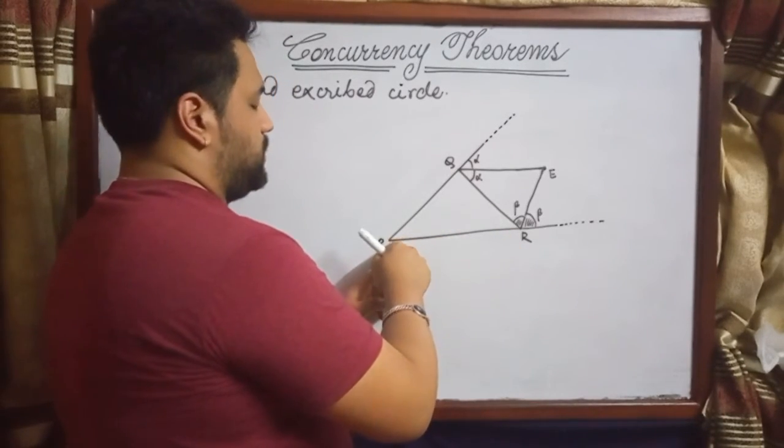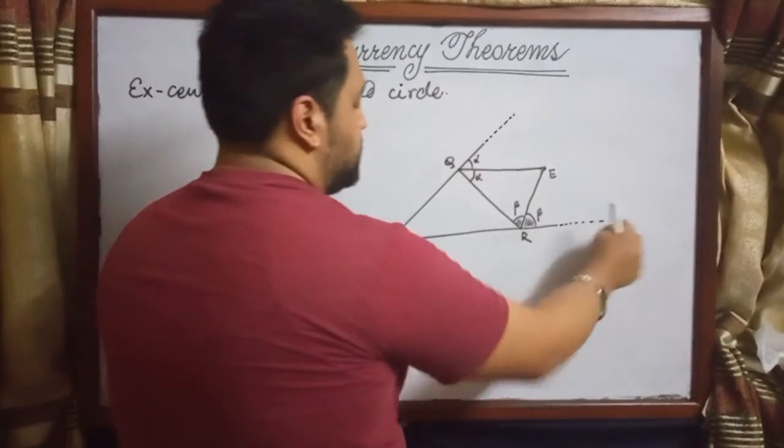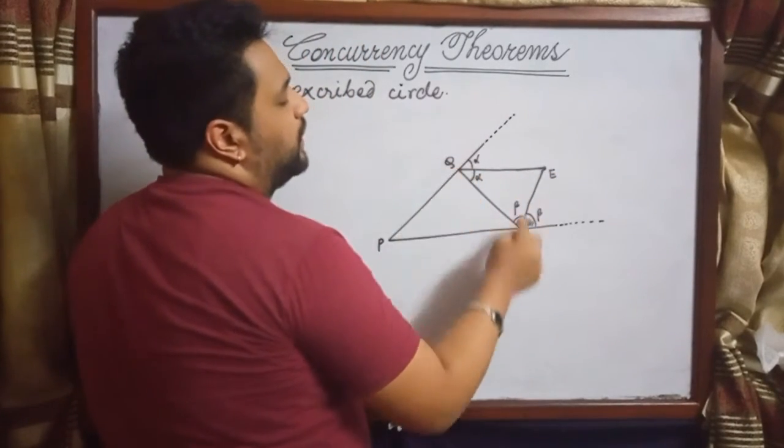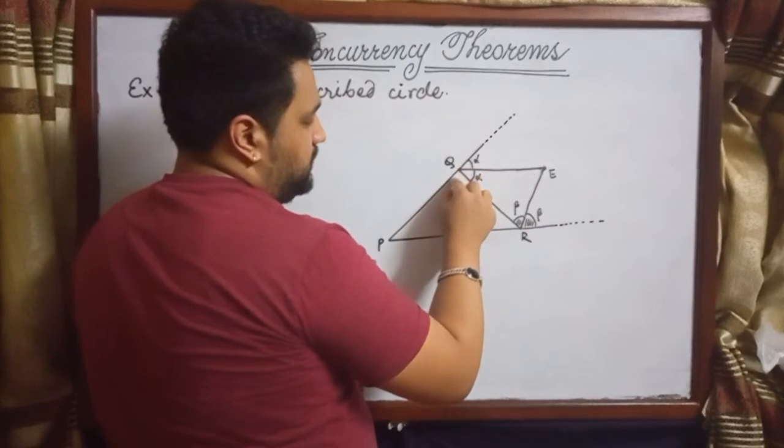We've extended these sides and we've considered the external angle bisectors of Q and R. This is the internal angle.